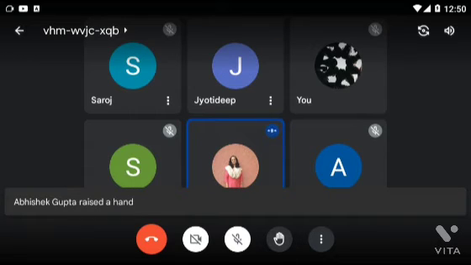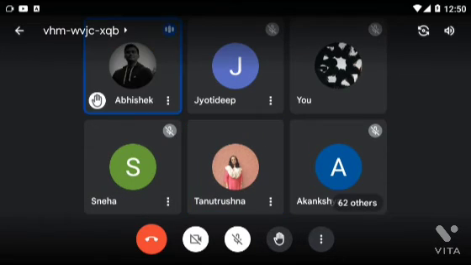Yes, Abhishek? Ma'am, in WhatsApp we usually share emojis to express our verbal communication in a non-verbal way. Okay.